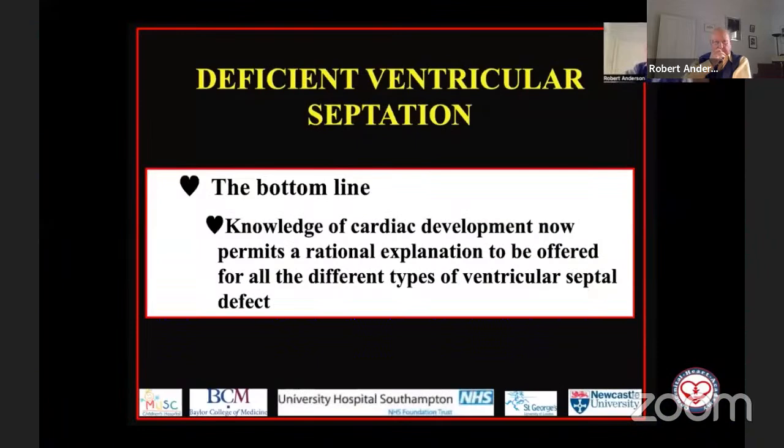So, ladies and gentlemen, I hope we've put the morphogenesis into the context of the anatomy of deficient ventricular septation.